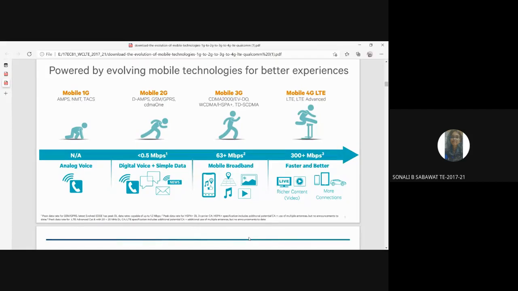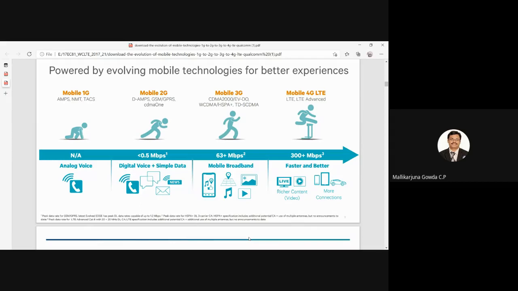It's the evolution of how from 1G it went to 2G with more digital voice, and then 3G had more broadband connectivity, graphics, and then 4G had more data, more connections, and efficiency increased as it evolved.